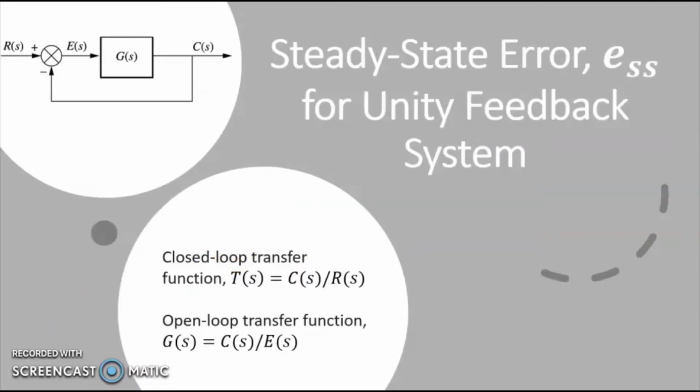For today's class, we're going to look at how to derive, or calculate, the steady state error. I have this notation, ESS, which stands for steady state error. In the syllabus, we're only looking at the unity feedback system.